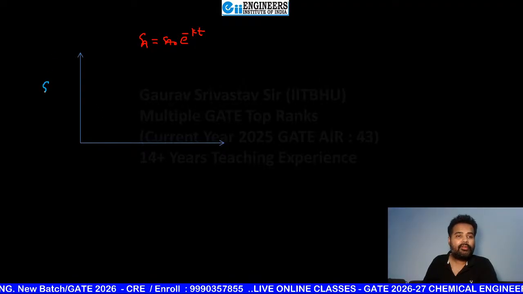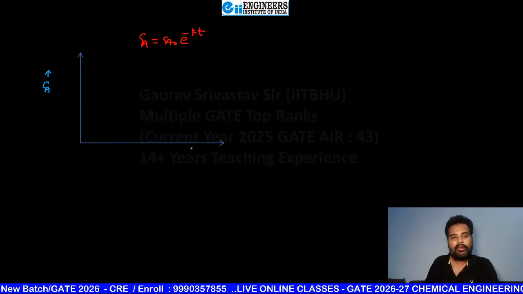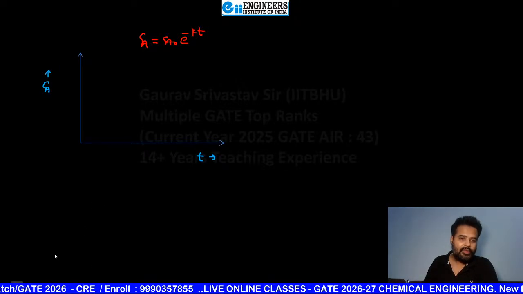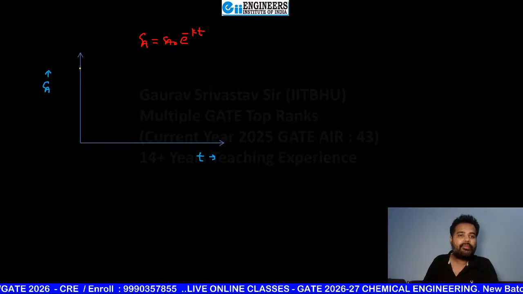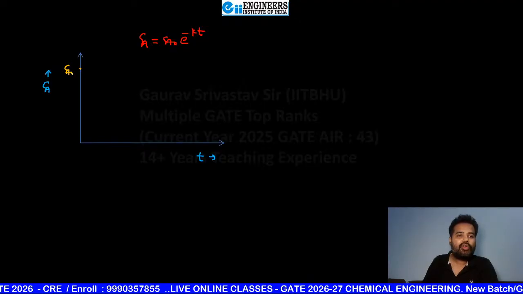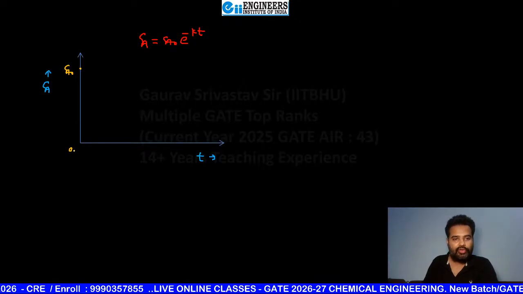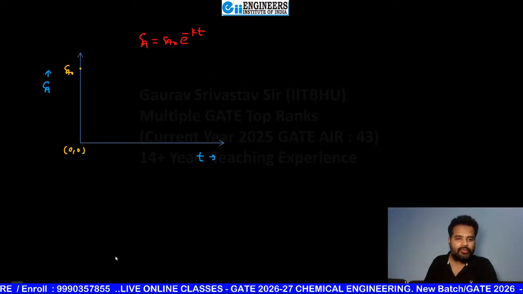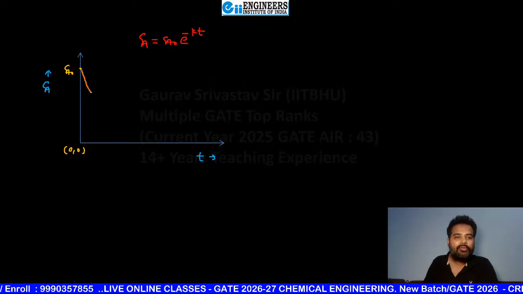On the y-axis you are writing CA and on this side you are writing time t. Now your graph starts from CA equals CA naught, and this is your origin 0, 0. This is your graph.